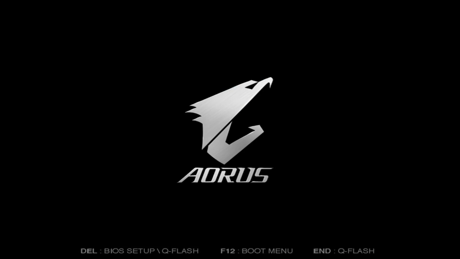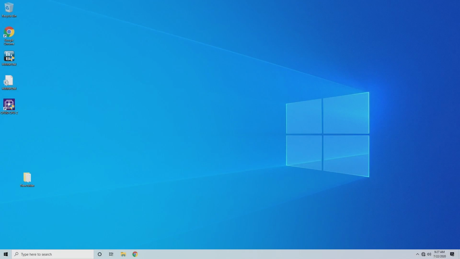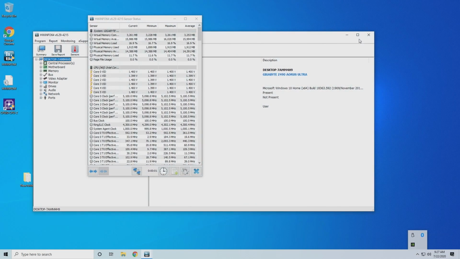We've got some headroom here. So now that we know that 1.345 was not enough voltage, we know we need more than that. We're not going to waste any time trying to go lower than that, obviously, because it's not going to help. It won't be stable.